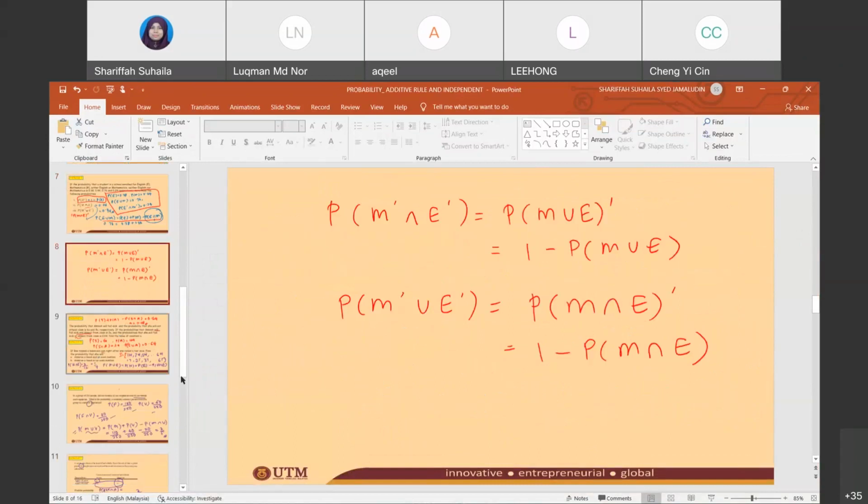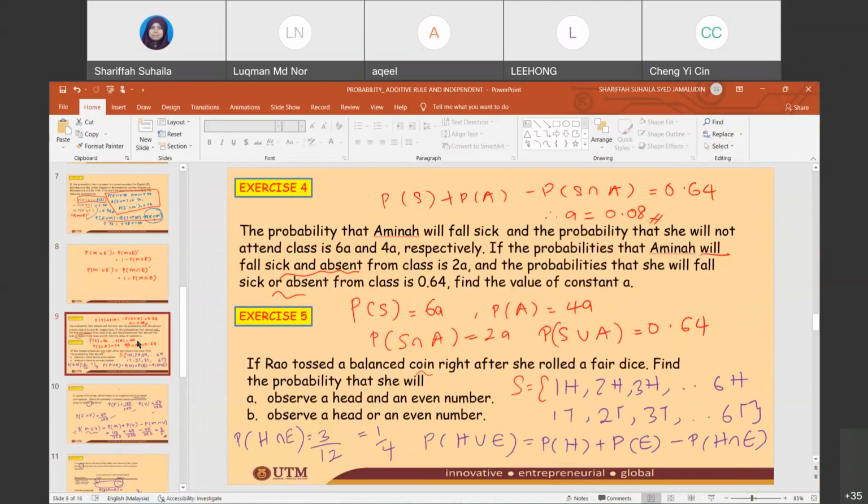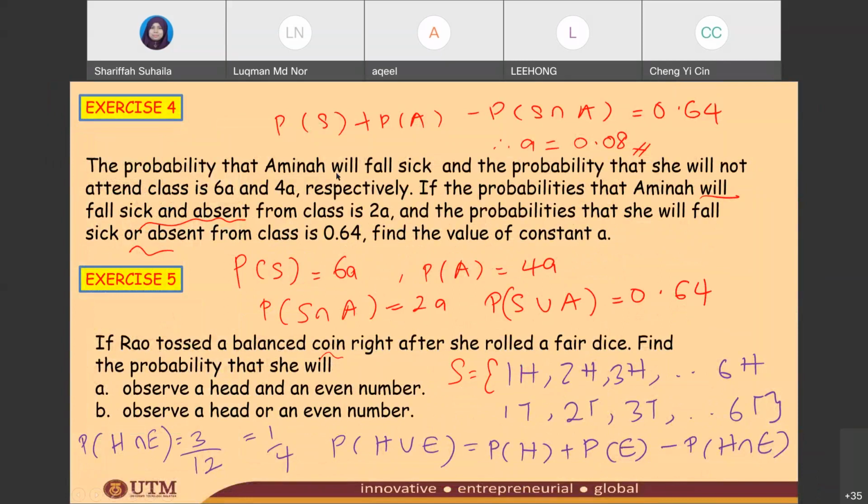Okay, so this is the concept, and I think you can also do it, directly. The probability that Aminah will fall sick and the probability that she will not attend class are 6A and 4A respectively.